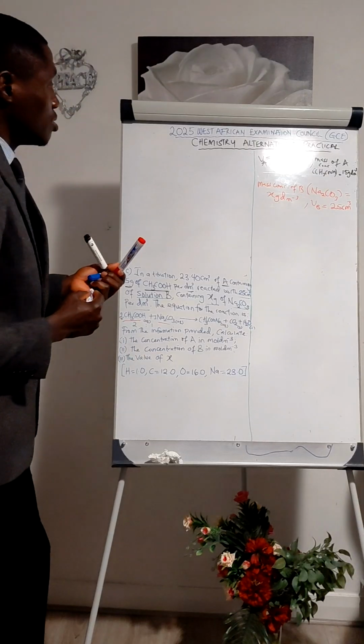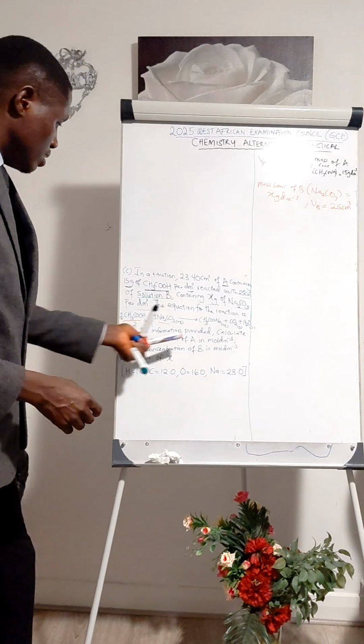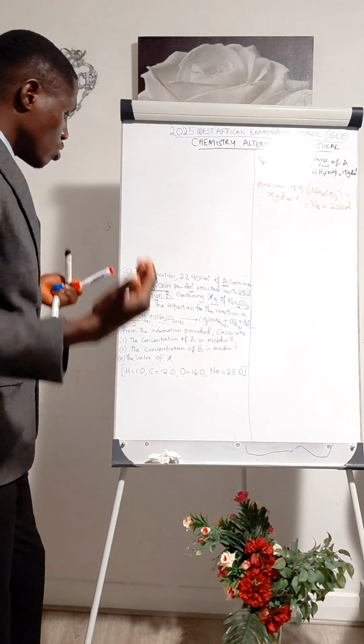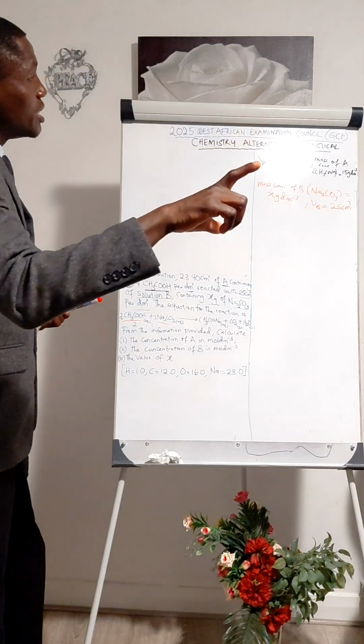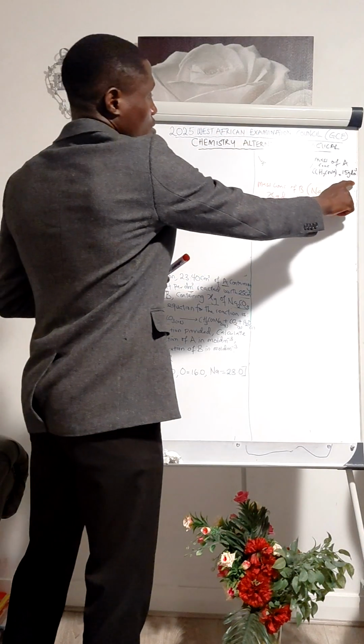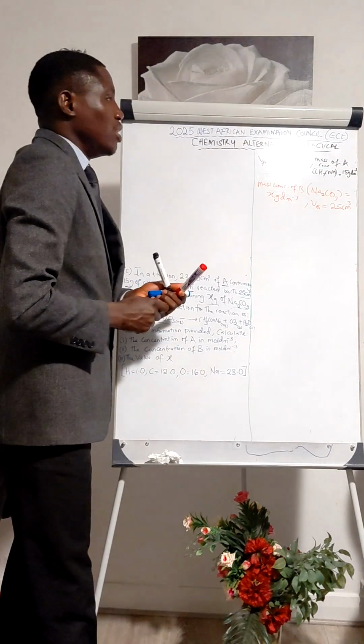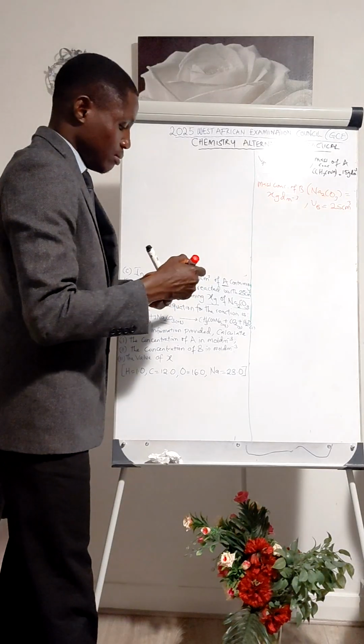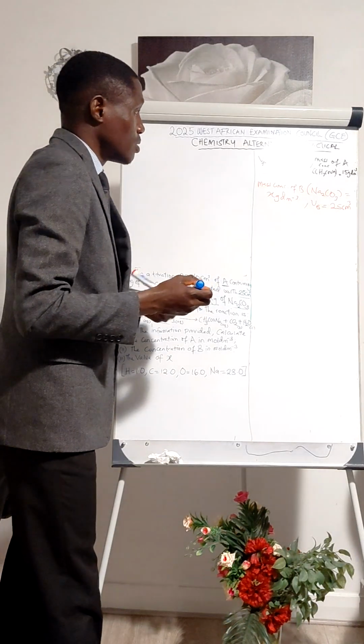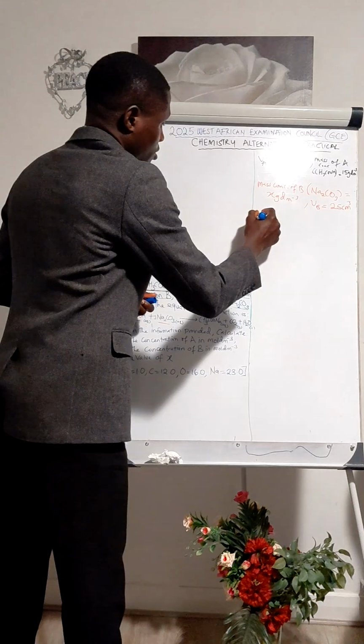Now we are told that from the information provided, calculate the concentration of A in mole per dm cube. The concentration of A in mole per dm cube is molar concentration, or molarity.